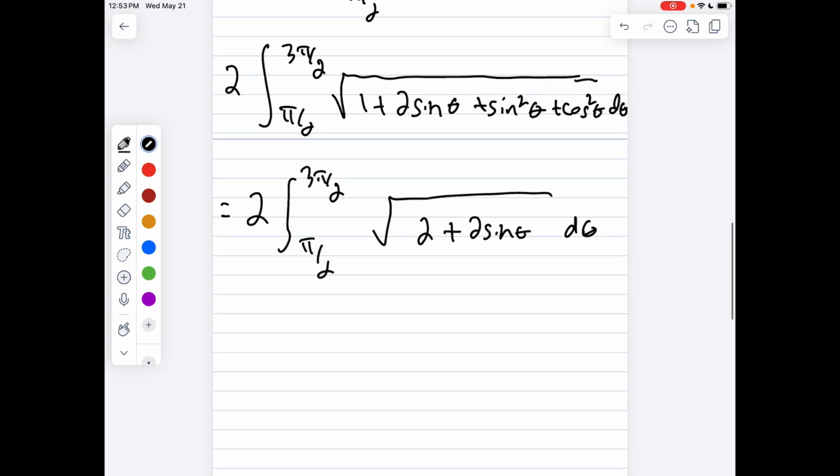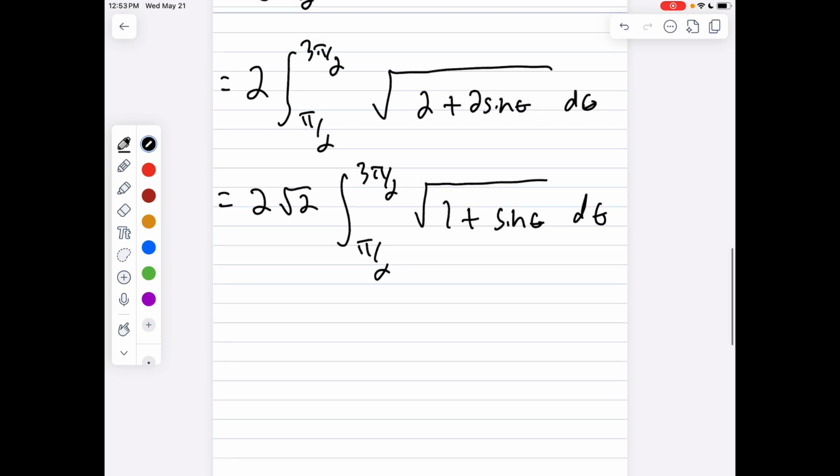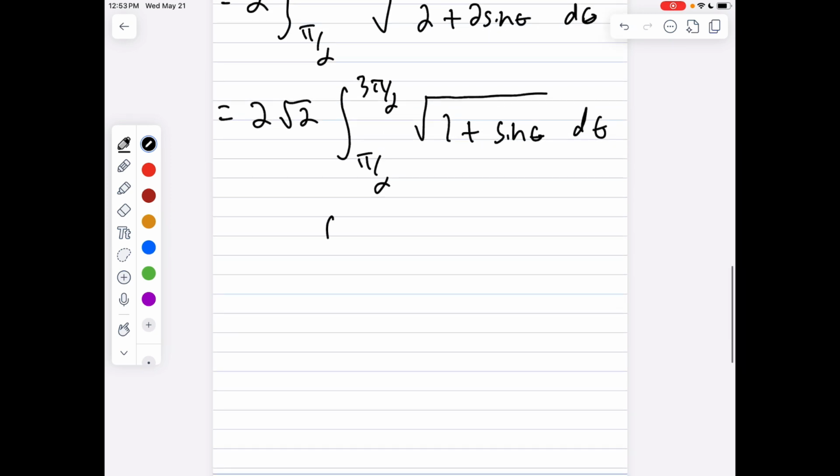I'm going to factor the 2 out and take the square root of 2 out, leaving the square root of 1 plus sine theta d theta. We're going to multiply by a conjugate, and that's pretty much the only way I know that you can do this.